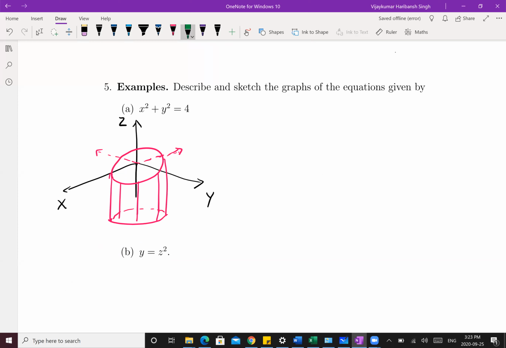I would like to draw the background lines with dotted blue. So I get a cylinder. This is the axis, so the axis is the z axis for this cylinder. And then these are the rulings, right? All these lines are the rulings.